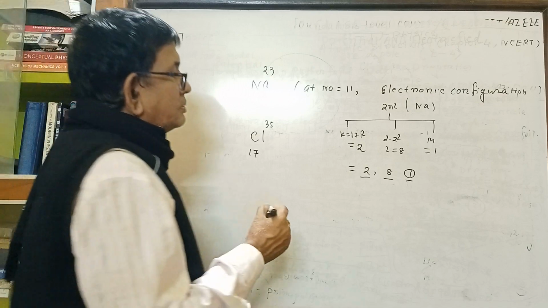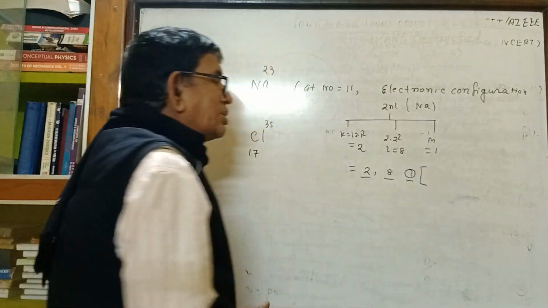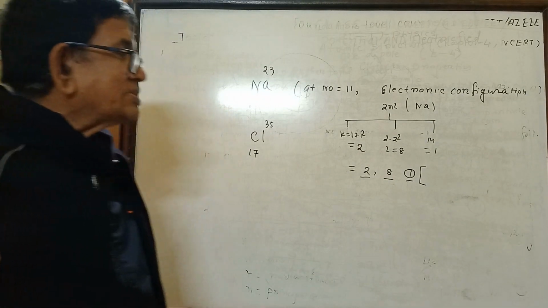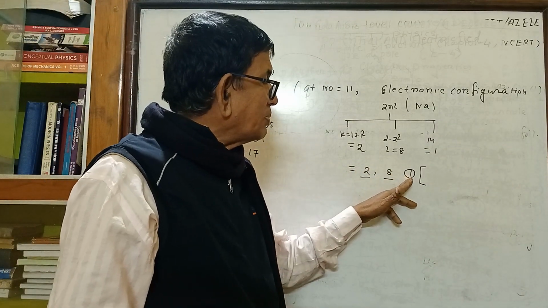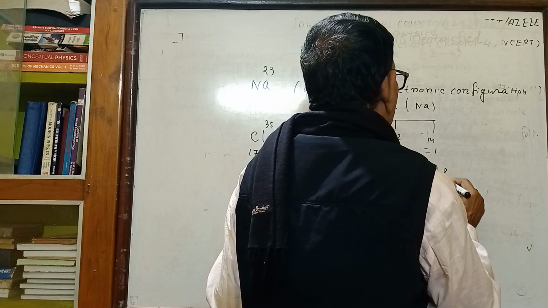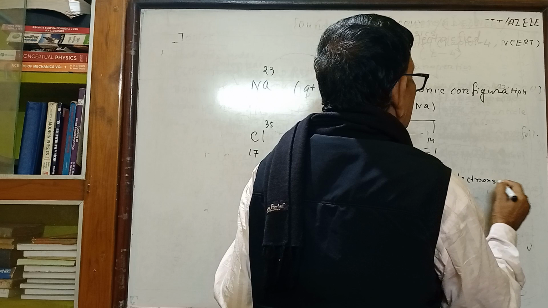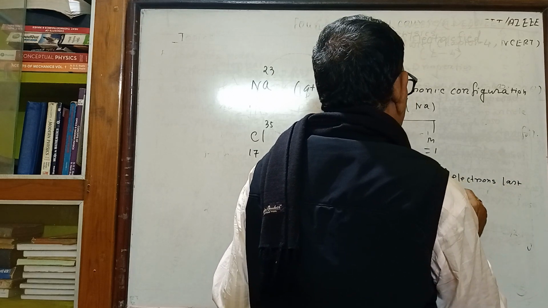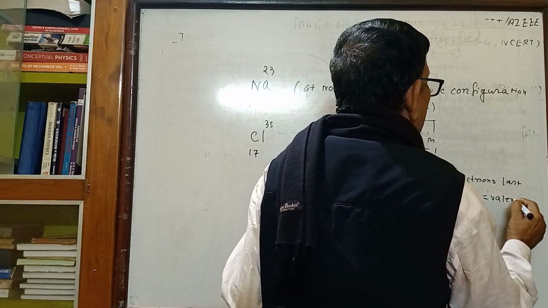Now remember, in the electronic configuration, the number of electrons in the last orbit, if it is equal to 1, that is the valence electron.